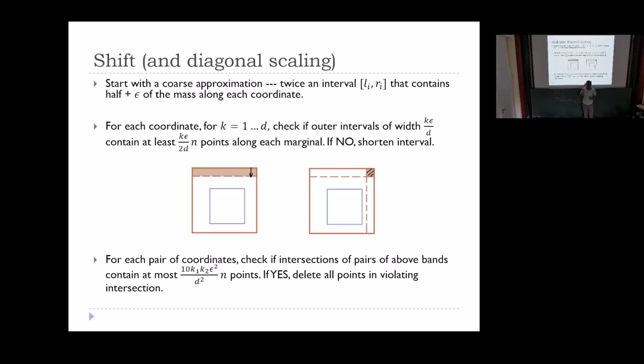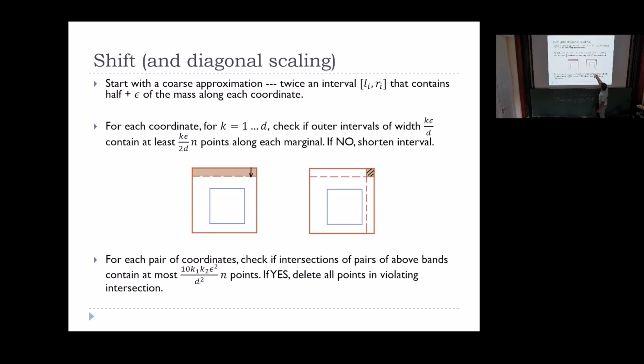Now, here's the thing. We know that the true cube is uniform, which means that if I look at an interval of some width, say W, the fraction of points should be W from the true points. So what I'm going to check, going from the outside in, is that intervals of width epsilon over d, 2 epsilon over d, 3 epsilon over d, multiples of epsilon over d, are dense enough.